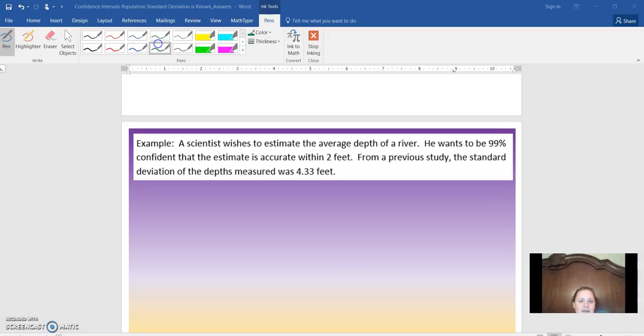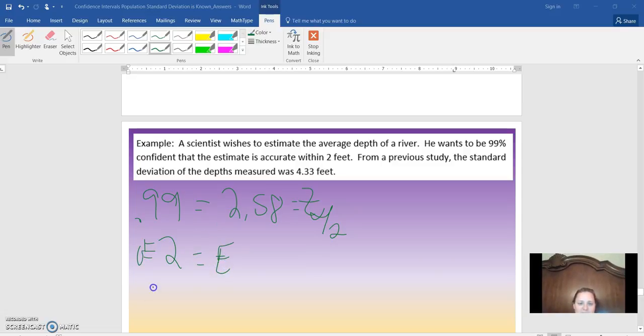He wants to be 99% confident, so that means it's 2.58 for the z alpha over 2. And he wants to be within 2 feet, so that's E. From a previous study, the population standard deviation is 4.33.